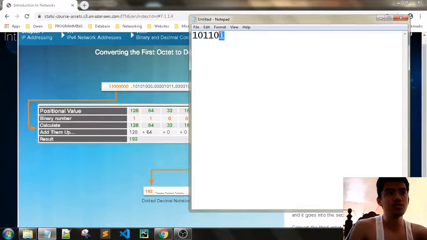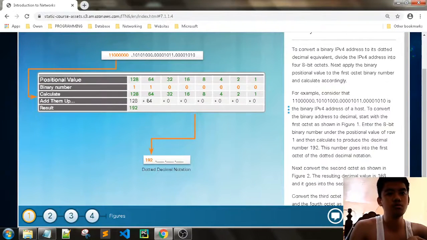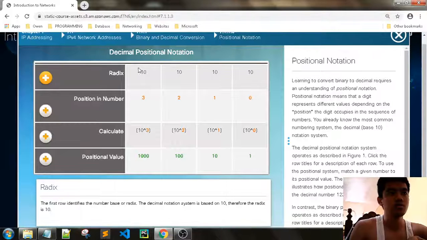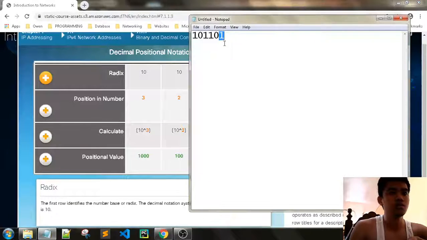The exponent, because the radix is 2. So 2 raised to 0, 1, 2, 3, 4. 2 raised to 0 is 1, then 2, 4, 8, 16, and 32. We just need to add the values which have the ones.